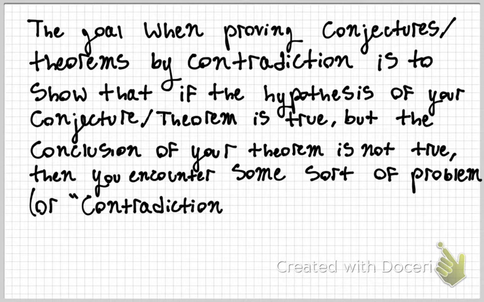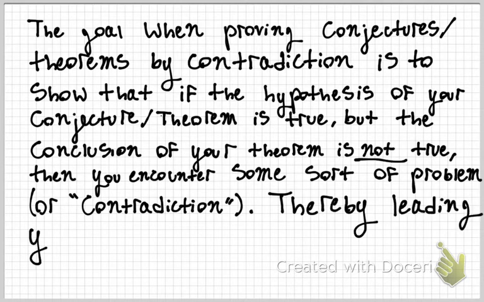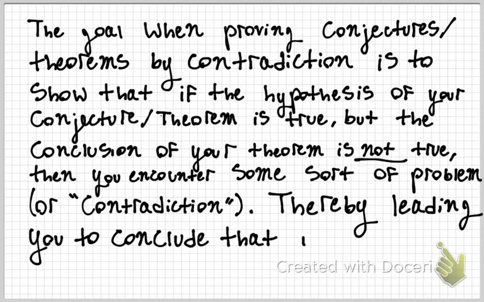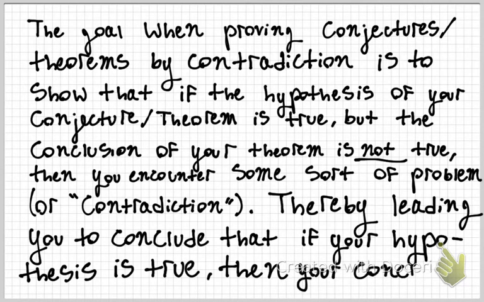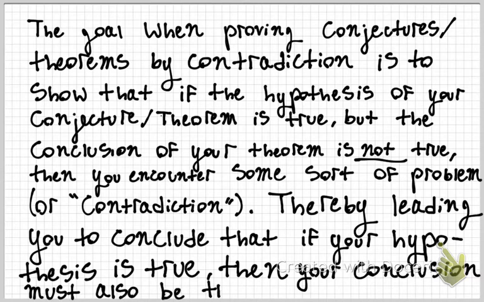Another word for problem: contradiction. That's where the name proof by contradiction comes from. Thereby leading you to conclude that if your hypothesis is true, then your conclusion is also true.